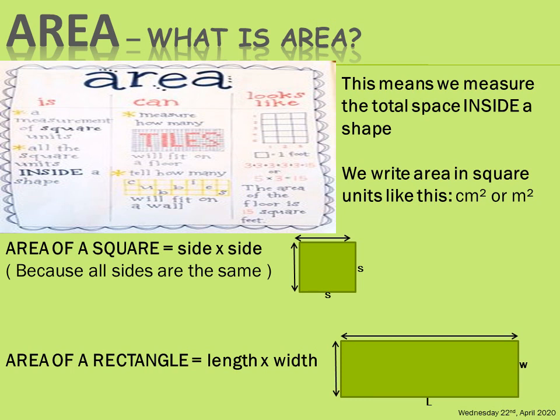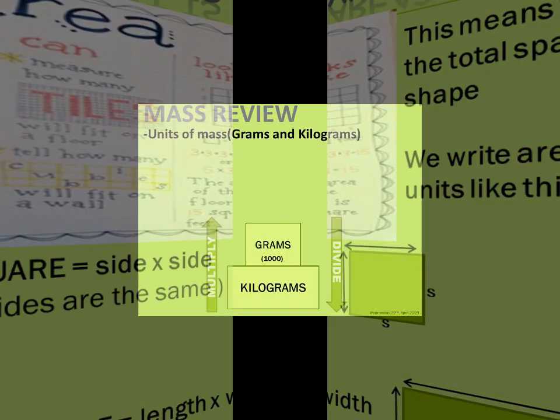I will only multiply W and L, or L and W. So my L now is 10. My W is 5. So my area now will be 10 multiplied by 5, which is length multiplied by width. And that is 50 meter square or centimeter square. Okay? All right, let's go ahead.